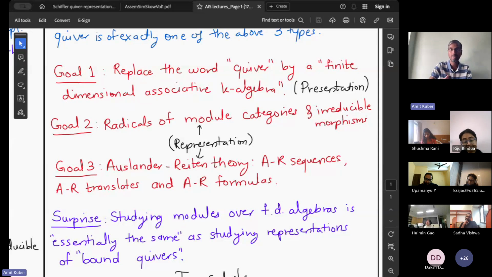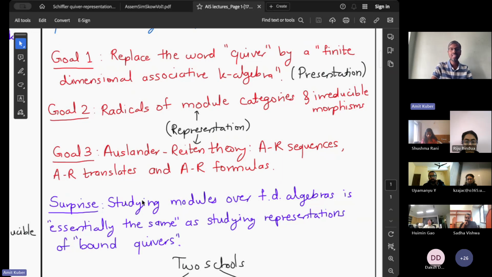So there are multiple benefits of this way of doing things. We have a beautiful diagrammatic presentation for the algebra. Then we have a beautiful skeleton, a first approximation of the module category, in the form of the Auslander-Reiten quiver. And we can say a lot about those quivers in terms of Auslander-Reiten theory, translates, and so on.